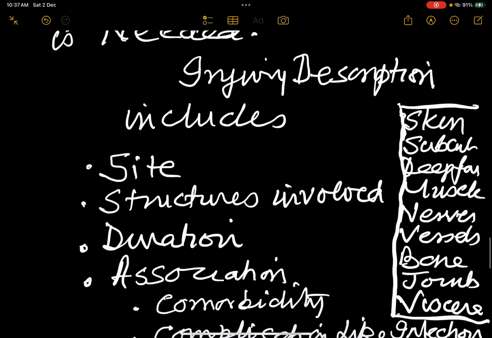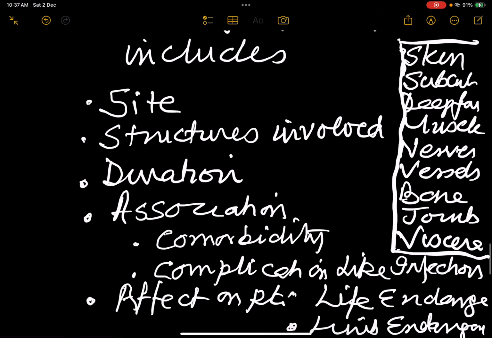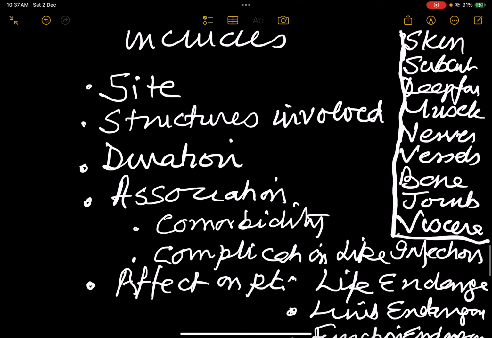Then the injury description would include what site, skin, subcutaneous tissue, deep fascia, muscle, nerve, vessels, bone, joints, viscera, what structures are involved, and what is the likely duration of injury at the time of admission or recording the statement, or at the time of examining the patient now.